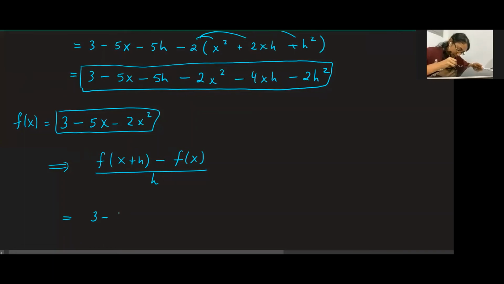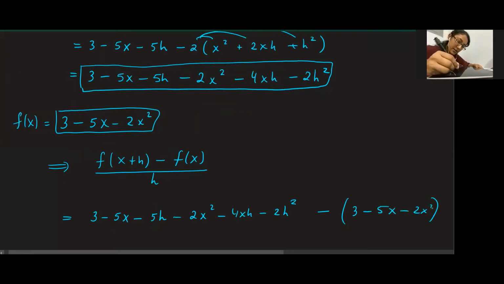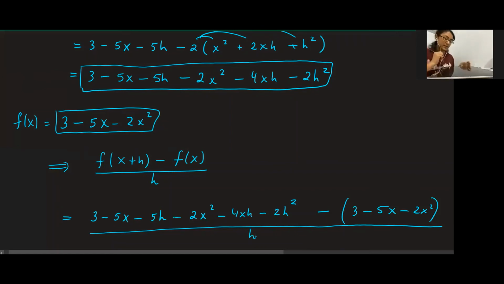That's 3 minus 5x minus 5h minus 2x squared minus 4xh minus 2h squared. And then we're going to take away f of x, which would be 3 minus 5x minus 2x squared, everything over h. So that will be the setup.